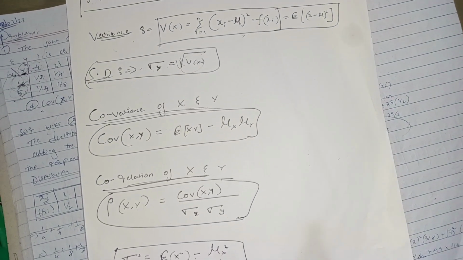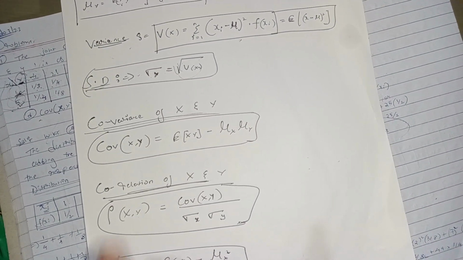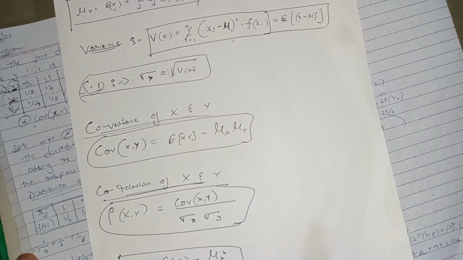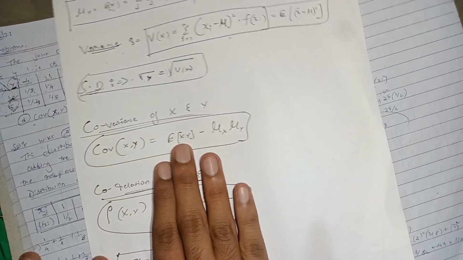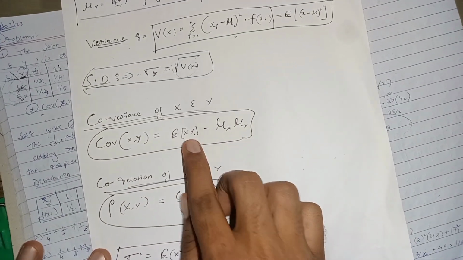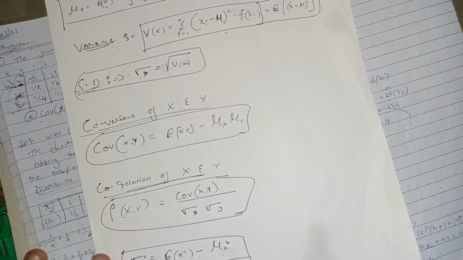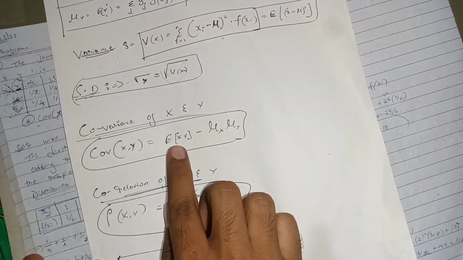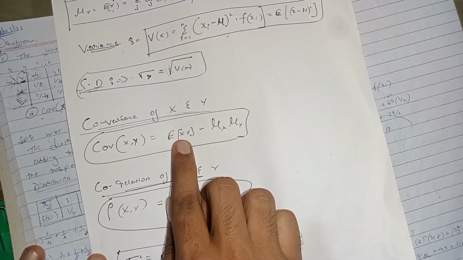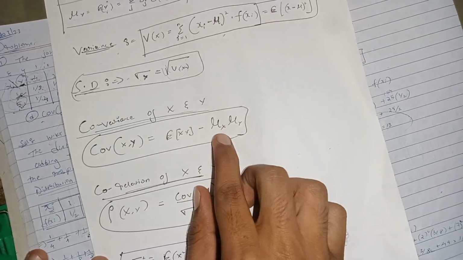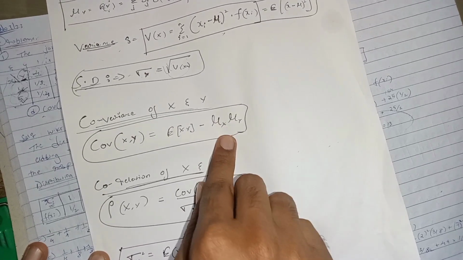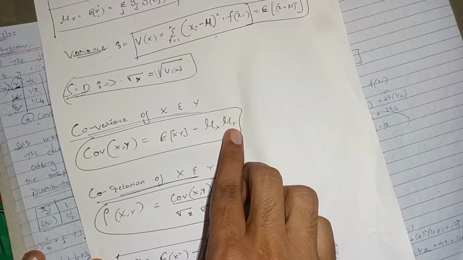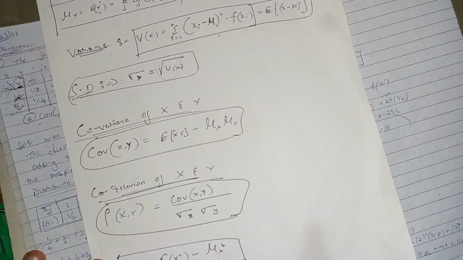The formula says covariance of X and Y can be found by using E of XY minus mu X into mu Y. We know E of XY is the expectation of X and Y, minus mu of X, which is E of X, the expectation of X, into mu of Y, which is E of Y, the expectation of Y.